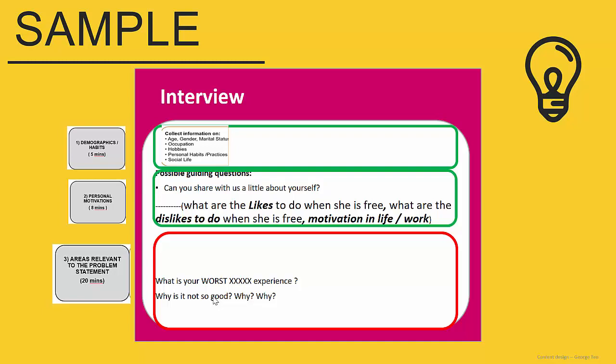So perhaps if the example was again trying to engage the public in sports, under the personal motivation section, we could ask a little bit about their sporting habits, what kind of sports they engage in, how that affects their lifestyle, and then lead on to the areas relevant to the problem statement.